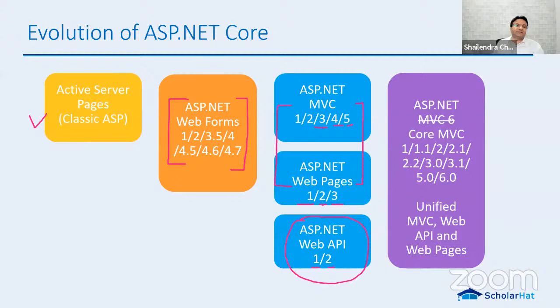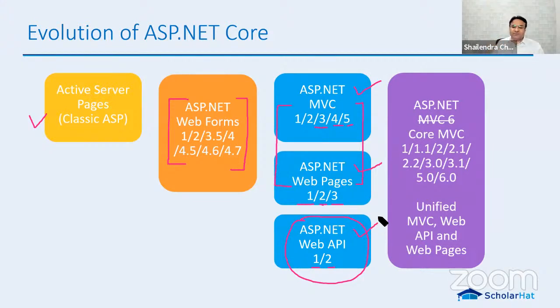It means we had three sets of DLLs. We had a separate page life cycle, or request pipeline, for MVC. We had a different request pipeline for Web Pages and a different request pipeline for Web API. So we had different DLLs and separate pipelines to serve the MVC pages, the web pages, and the API.